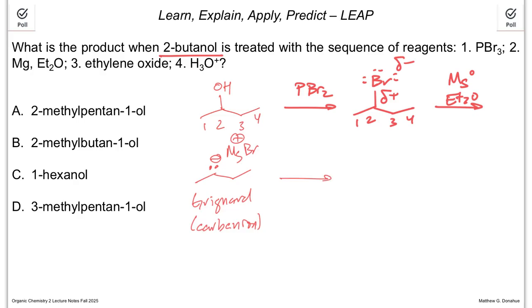Step number 3, we're treating with an electrophile. So ethylene oxide. That's going to attack a carbon, pop the ring open. That generates this alkoxide, and then step number 4 is going to protonate it.